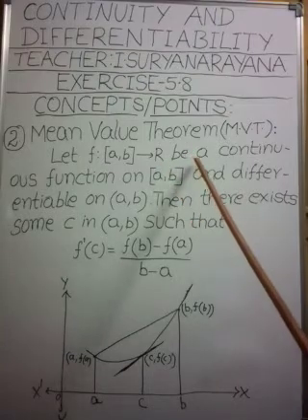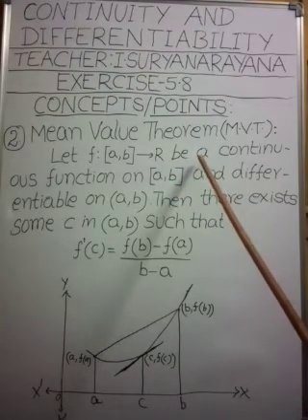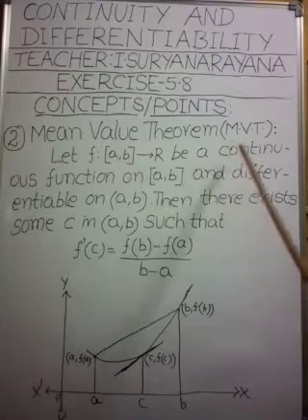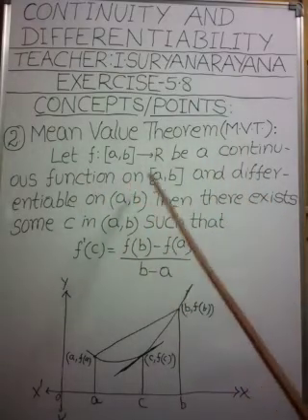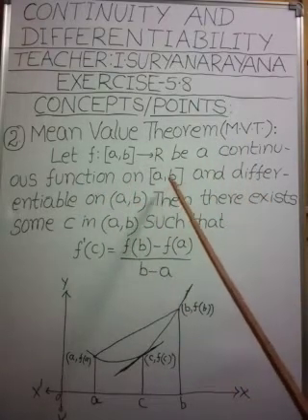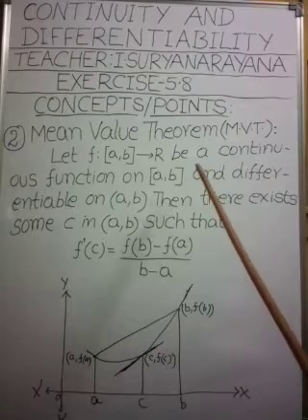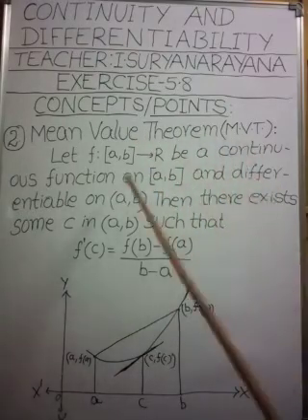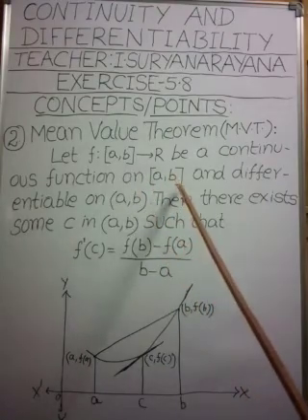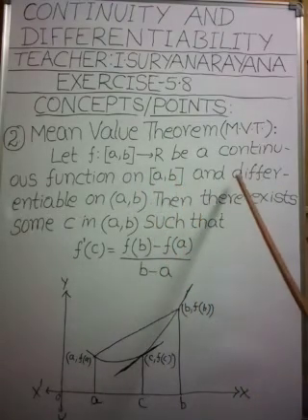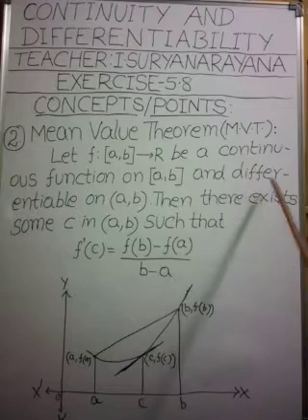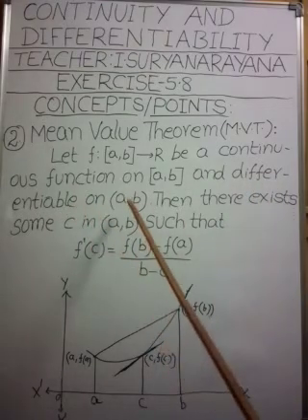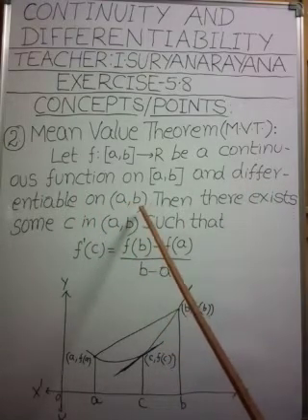Then the first condition is that f should be continuous on closed interval a comma b. Remember this first condition, my dear children, in the mean value theorem. F must be a continuous function on closed interval a comma b, and the second condition is f should be differentiable on open interval a comma b.